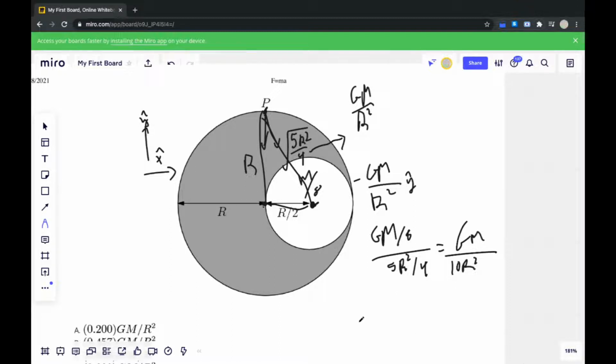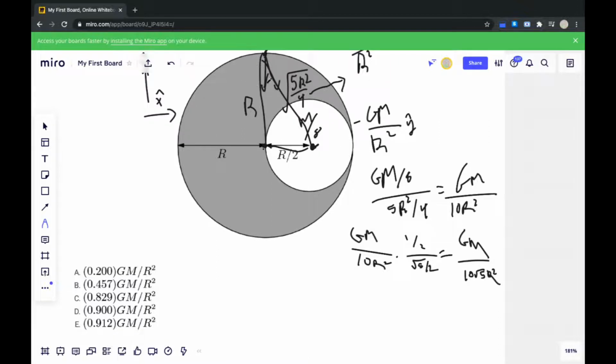So the horizontal component is going to be GM over 10r squared times 1/2 over root 5 over 2, which is just GM over 10 root 5 r squared.